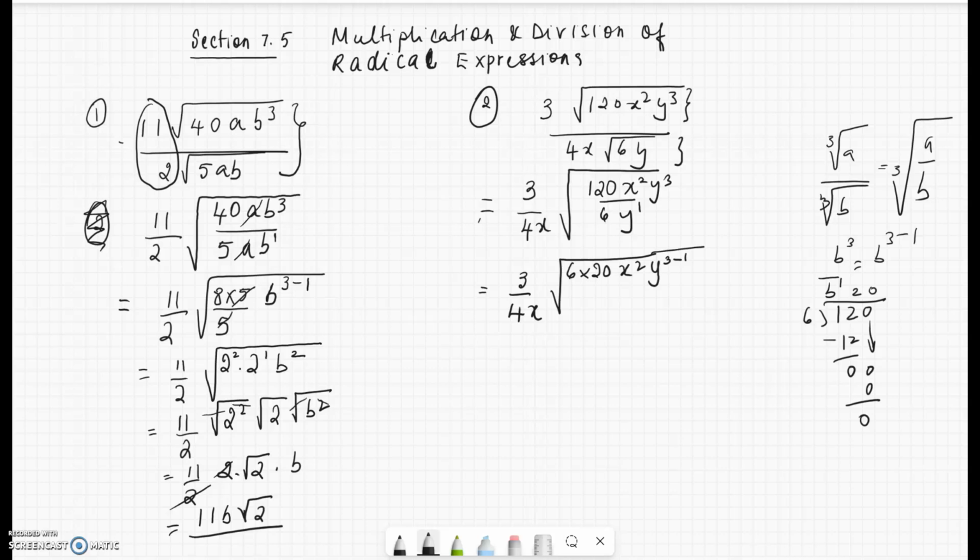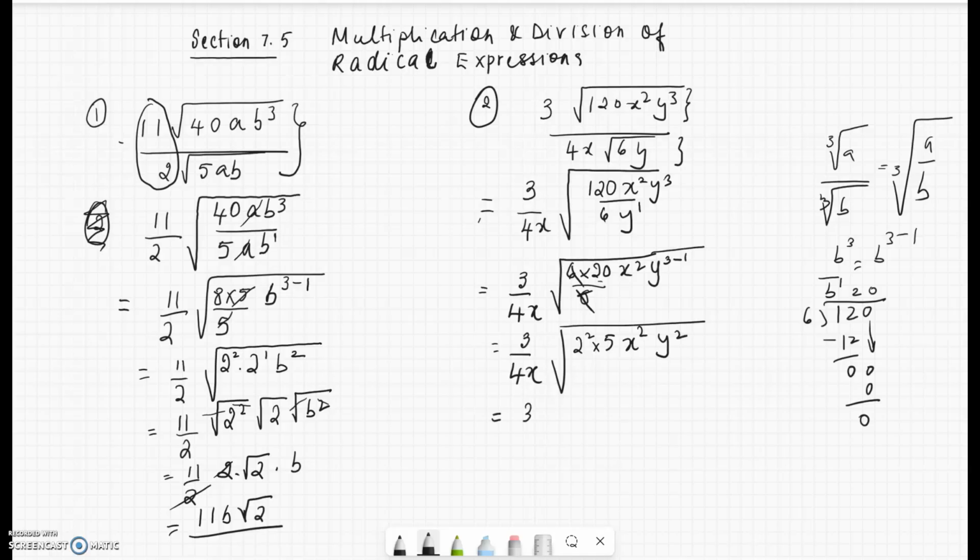So I subtract 1. That's the rule of exponents. So 3 over 4x. Cancel the 6's. And I have 5 times 4 equals 20. 4 is 2 squared. Times 5 is 20. And I have x squared, y squared.